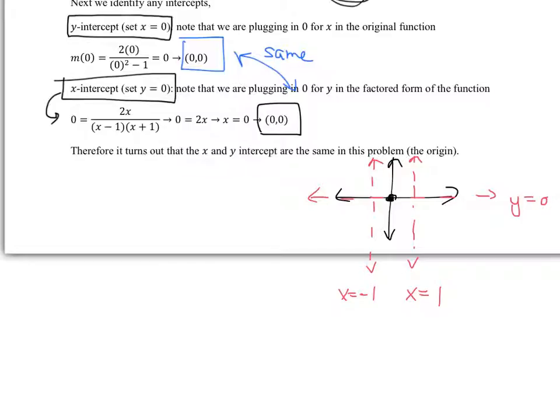We have a table in the next slide, but give me suggestions. What are some values you would pick between 1 and negative 1 that might be easy to plug into a calculator? 0.1, that's fine. 0 we already have, which is 0, 0. Yes, you can usually use 0. 0.5, maybe 0.75.